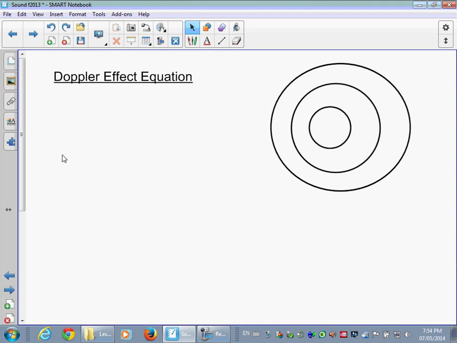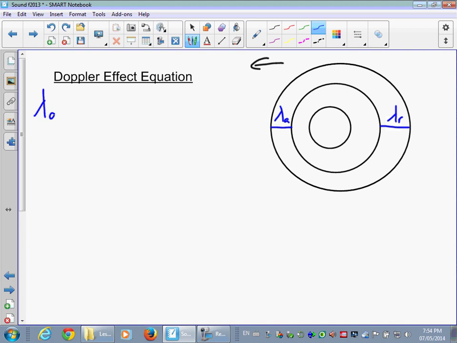So the diagrams on the right represent a source moving towards the left. So let's label this here as lambda A, the wavelength of the sound as it is approaching an observer, and this would then be lambda R, the wavelength of the sound as the source is receding from an observer.